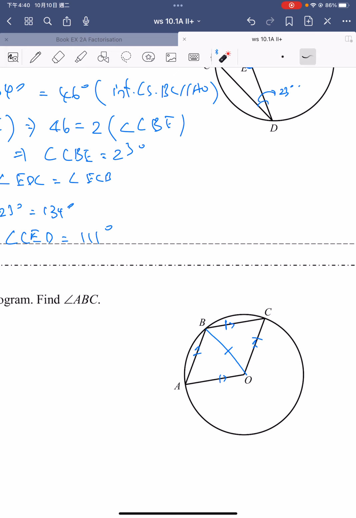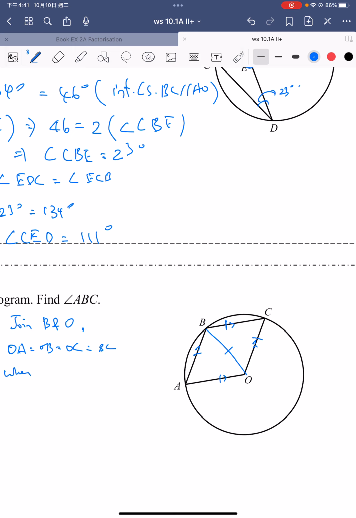If you consider the triangle OAC, first of all, you can write it down. We join B and O, so that we have OB equal to OC equal to BC.